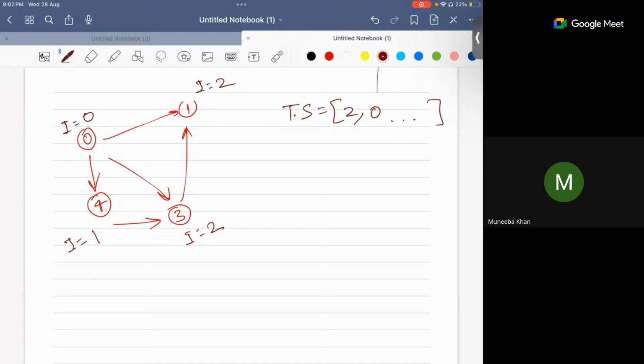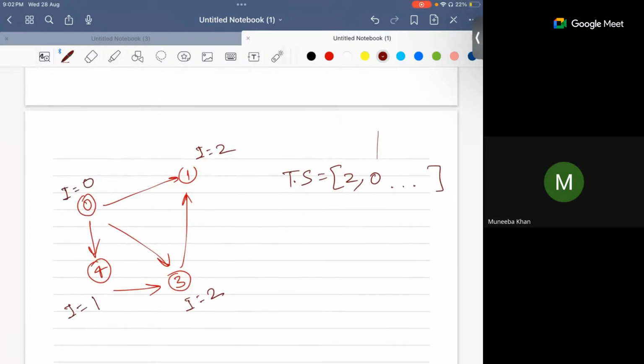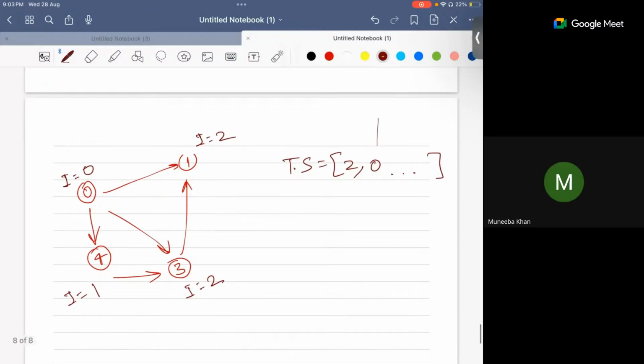We have to remove all the edges that are connected to 0. After putting this, we remove that vertex along with all the edges that are connected to it. Okay, now let's again copy it.